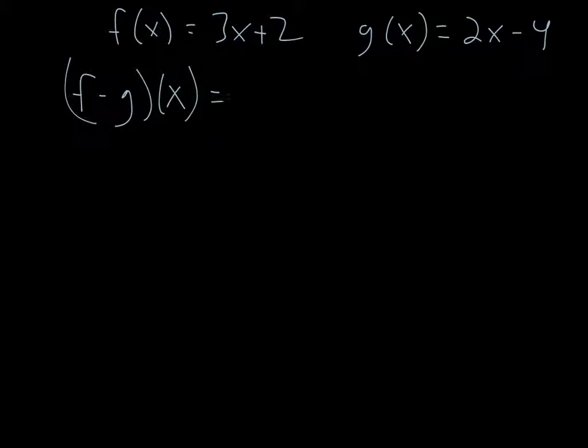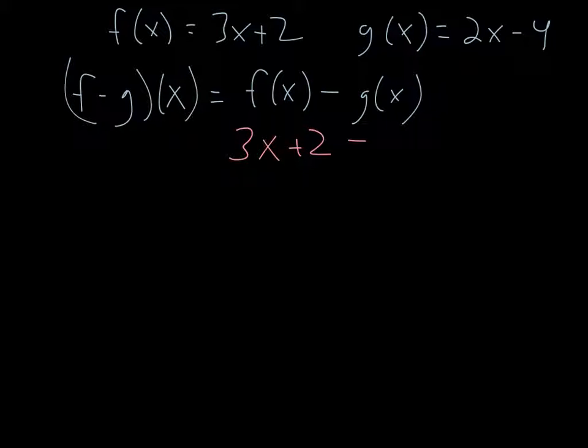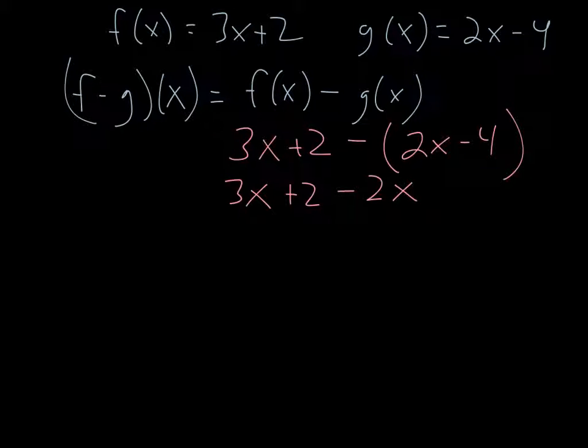So this is equal to f of x minus g of x. So that will look like f of x is 3x plus 2 minus, be careful because I'm subtracting the entire quantity, of 2x minus 4. So we'll have a 3x plus 2 minus 2x minus minus 4, or plus 4.